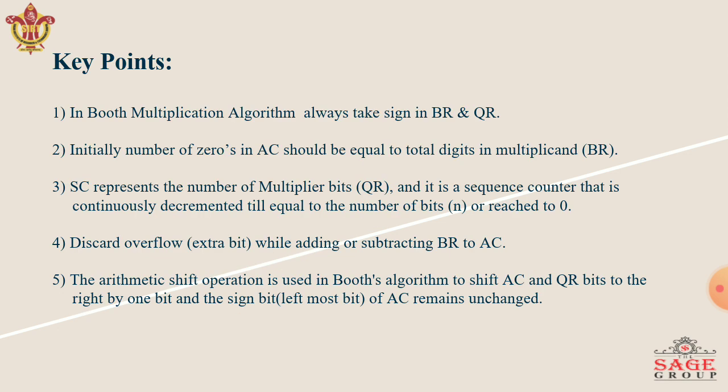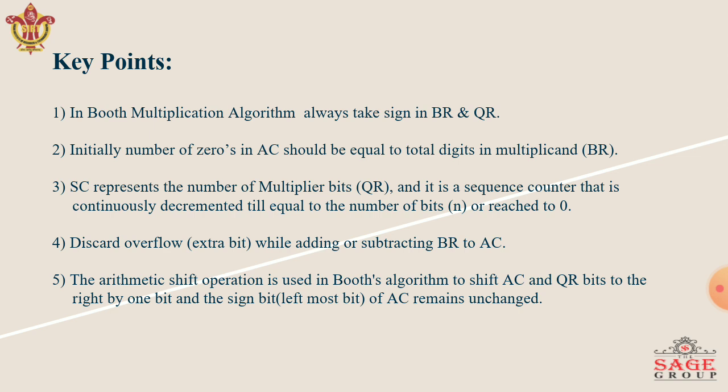Now there are some important key points to solve questions by the Booth multiplication algorithm. We must know about these points. Point number 1: in Booth multiplication algorithm, always take sign in BR and QR. Second point: initially the number of zeros in AC should be equal to the total digits in multiplicand BR.